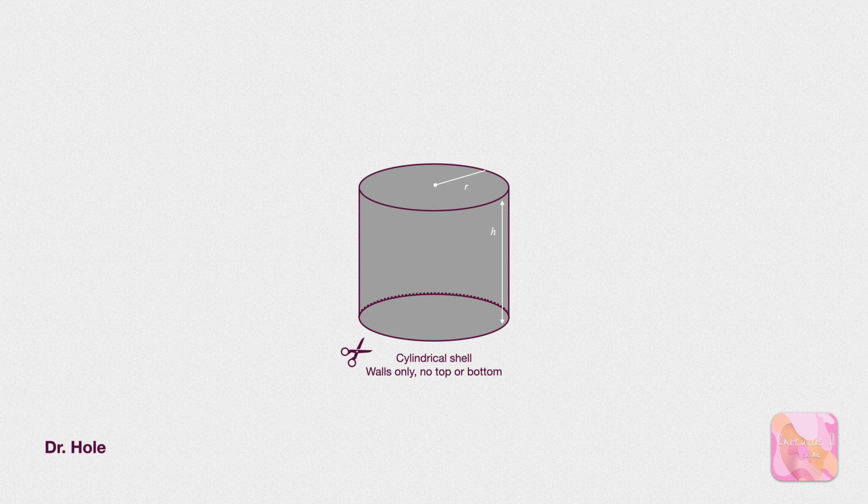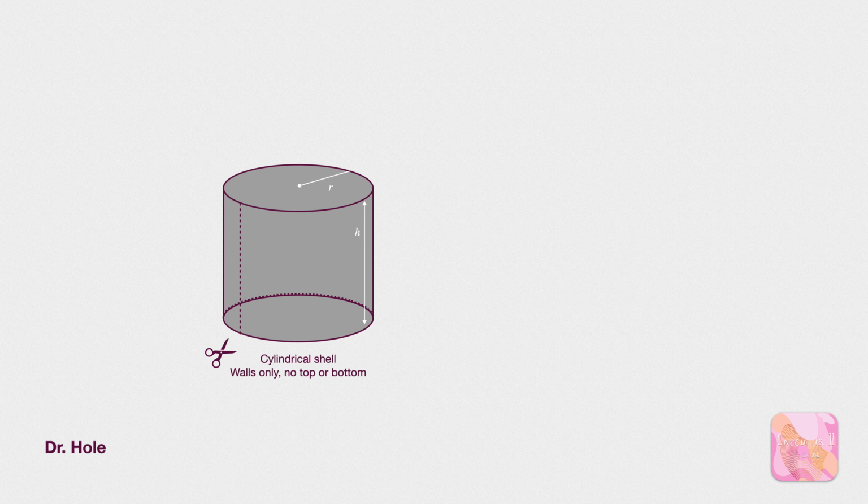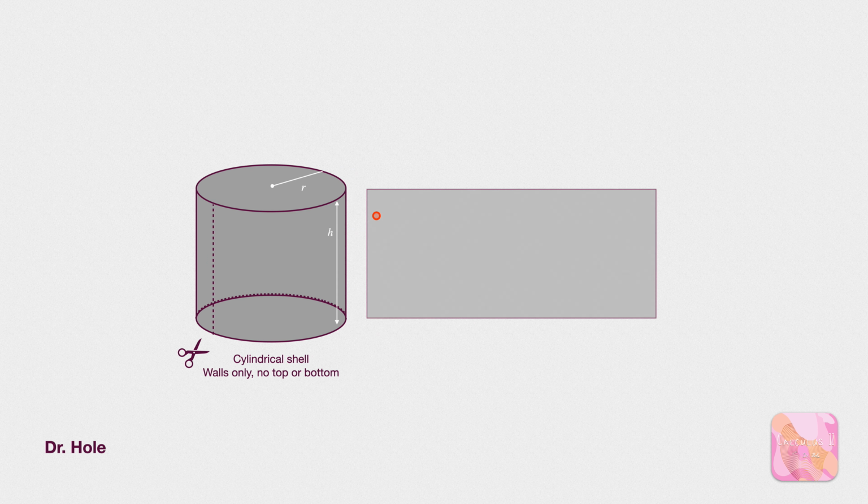Let's cut this cylindrical shell vertically and then lay it flat. Doing so will produce a rectangle. What are the measurements of the rectangle? The height of the cylindrical shell is the height of this rectangle.